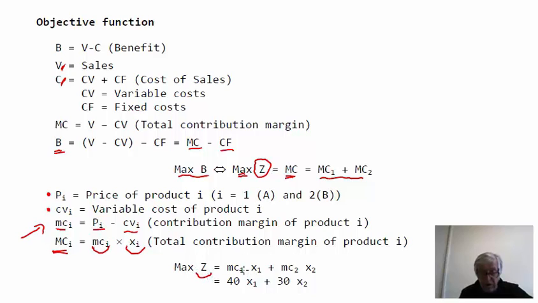So z is simply the product of the unit contribution margin by the quantities of each product. So the contribution margin of product 1 was 40. The quantity that we are going to produce is x1. And for product 2, we have 30 and x2. So this is what we want to do. We want to maximize this function z, which is 40 x1 plus 30 x2.